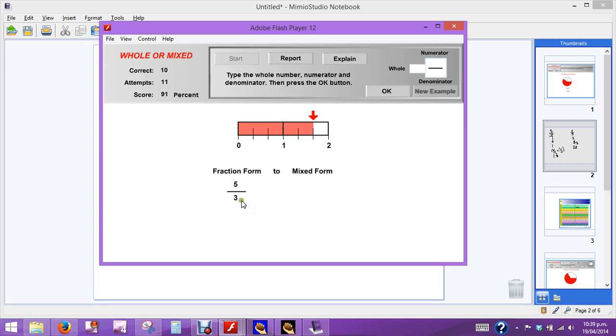Five thirds, 3 goes into 5 once clean to make 3, and 2 left over, 2 fifths. 2 thirds, my bad. I'm getting all muddled up with my numerators now. So there.